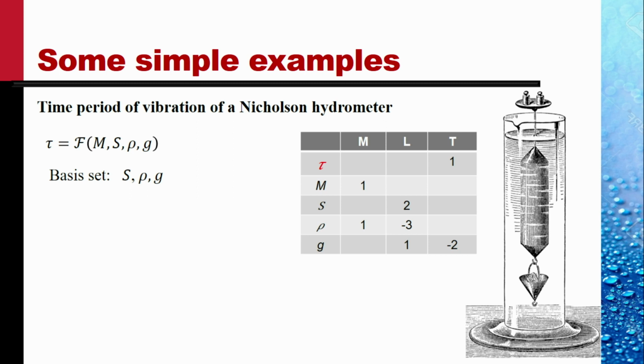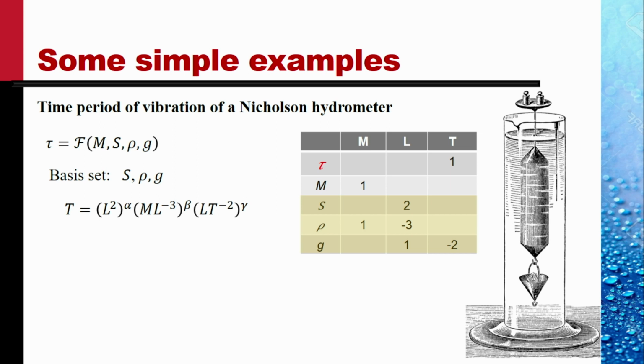We can write the dimensions of the remaining quantities tau and m in terms of S, rho, and G, and they themselves do not form a dimensionless group. So the time period tau would have the dimension of S raised to power alpha, rho raised to power beta, and G raised to power gamma.